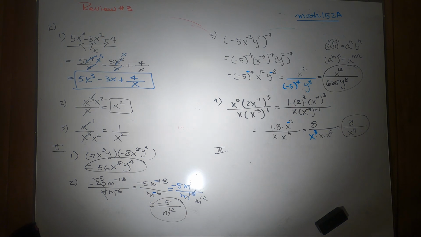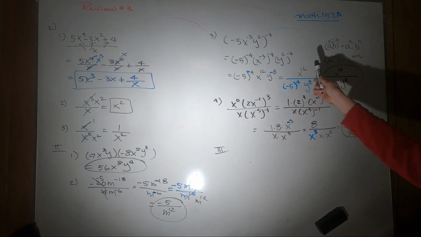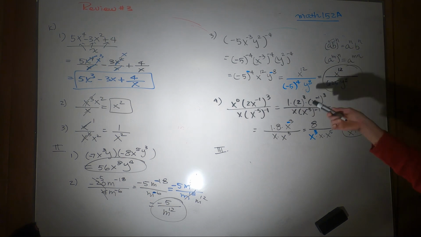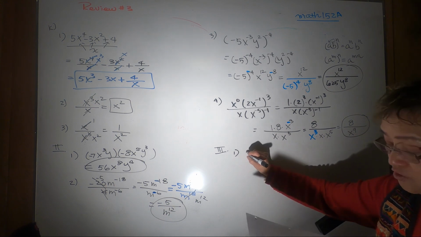Another thing we have learned besides add, subtract, multiply, and divide, right? With negative exponents, we also use negative exponents for the purpose of scientific notations, okay? So we need to do some scientific notations.